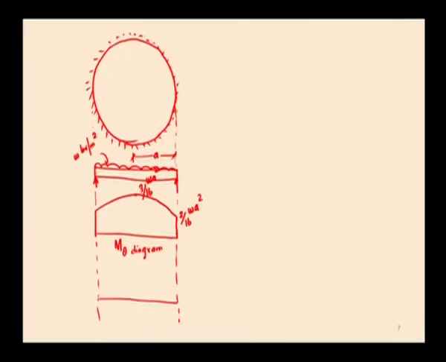Next, the radial moment: since it is a simply supported circular slab, the radial moment at the edge is 0, and the maximum moment is developed at the center, which is 3 by 16 W A square, equal to the circumferential moment at the center.